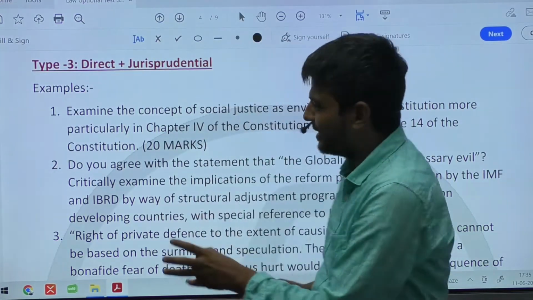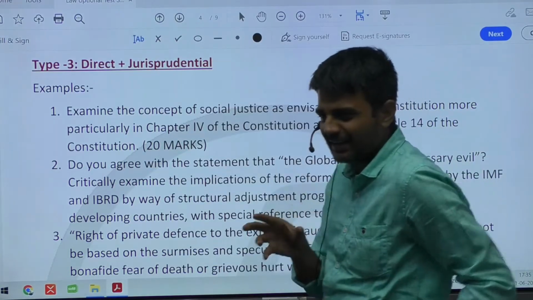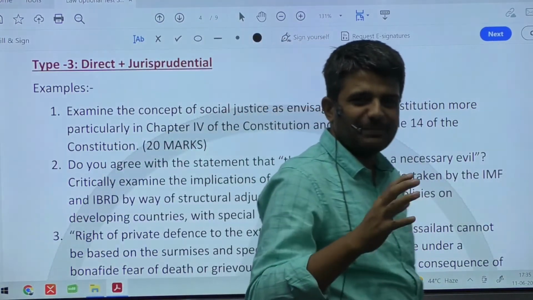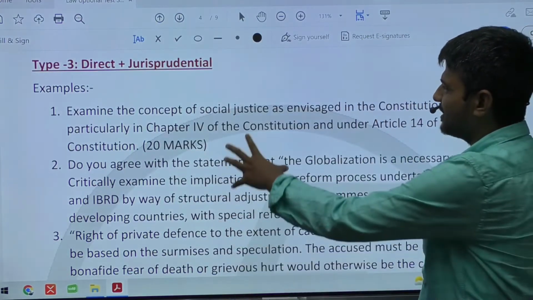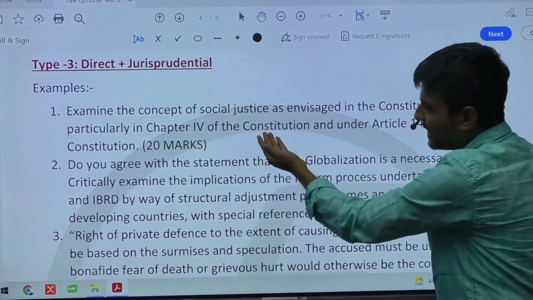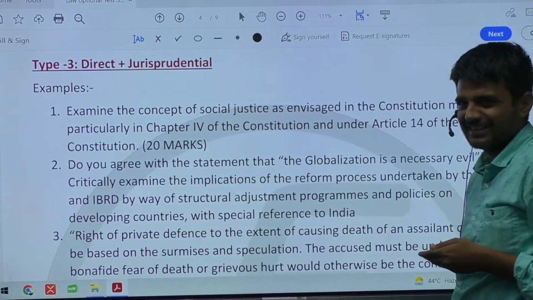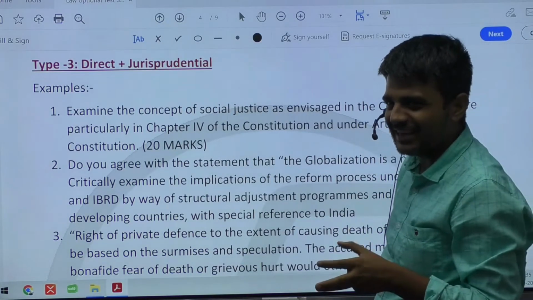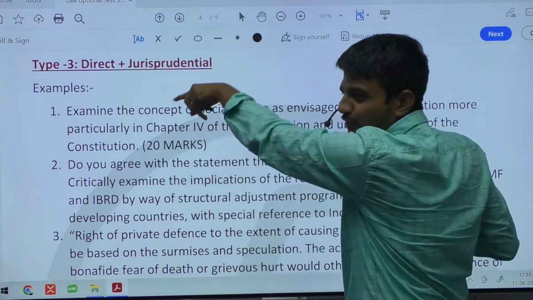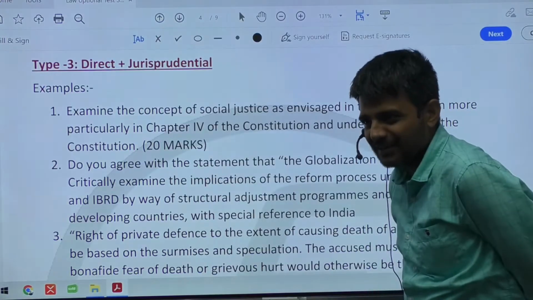So what they have done, they have given you a philosophical line and the exact direct part. Now this type of question is basically what they want you to simply write about this part, and this is the conclusion. The question is about the direct part, but the conclusion should be the philosophical aspect. Getting my point?